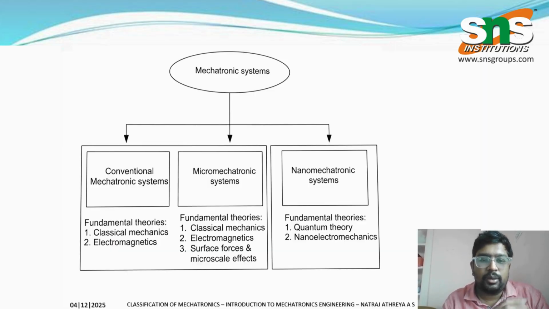So the physics changes, and because of that, the structures, shapes, and limitations also vary in micromechatronic systems. The surface forces and microscale effects all come into a bigger picture when we go towards the micro scale.